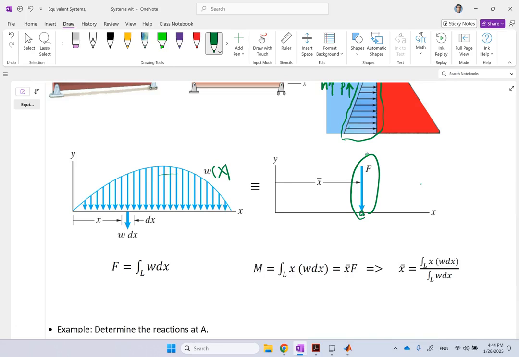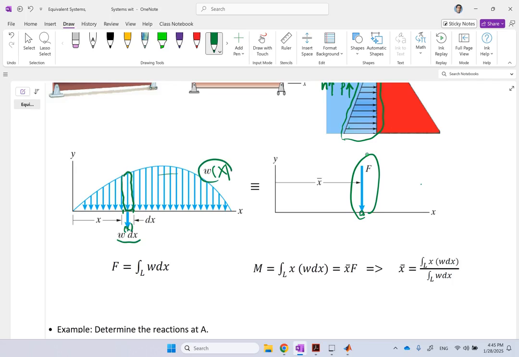Well, what I do is I come to location x, I consider a small length dx, and so the force equivalent for that small portion is going to be w times dx, or w(x) dx. Why?